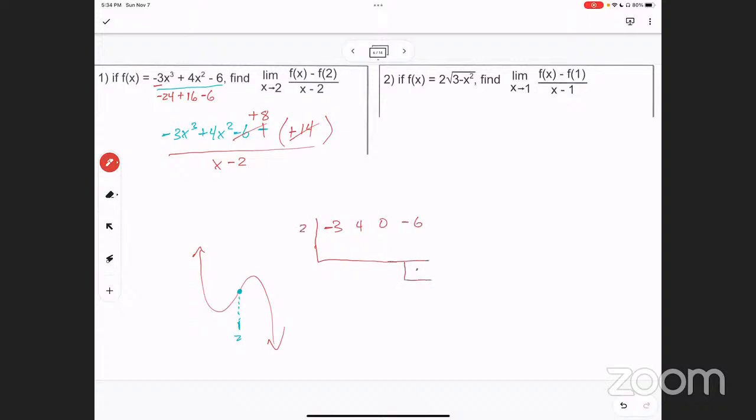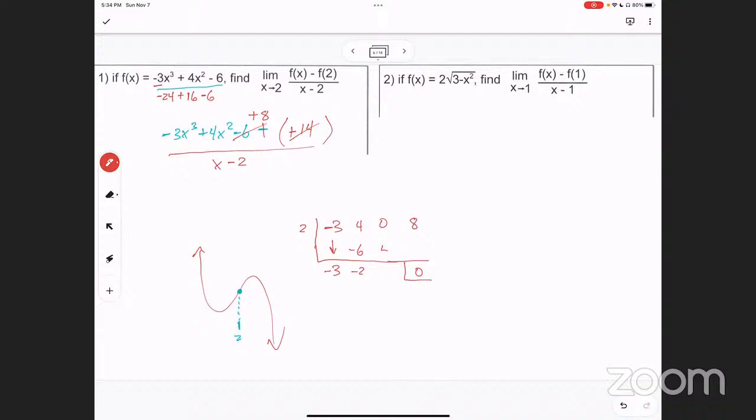And I should end up with a 0 here if it's a factor, yes? So drop the -3 down, multiply, that's -6, add, that's -2, multiply, that's -4. Oh, sorry. This shouldn't be -6. This should be +8. You see that? That was my fault.